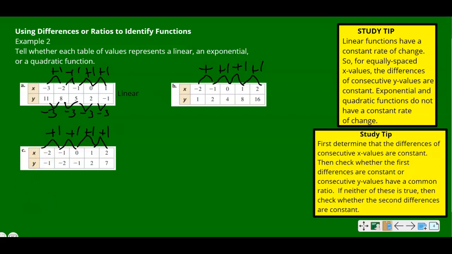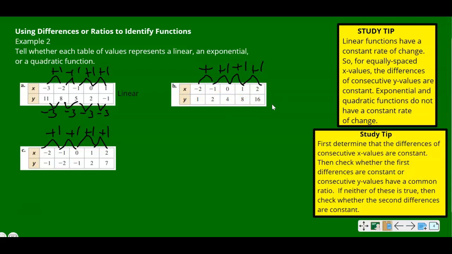All right, so let's look at B part. B part, I'm looking at the y values. I've already determined that the x values increase by 1. So the y values go from 1 to 2. That's an increase of 1. Then it's an increase of 2 and an increase of 4. So look at the pattern. How do you get from one term to the next term?